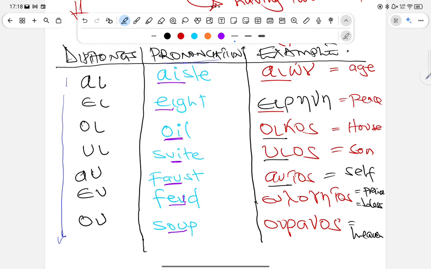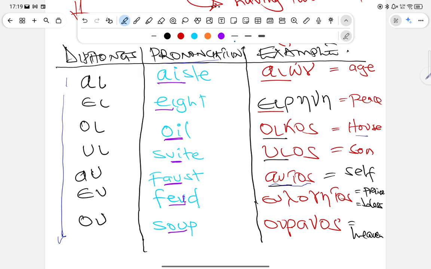So just to go through our Greek vocabulary and the examples of these diphthongs, to remind you of their pronunciation: aion, which is age; eirene, peace; oikos, which is house; uios, which is son; autos, self; eulogetos, praise or blessed be; ouranos.